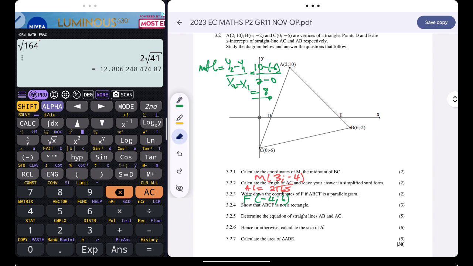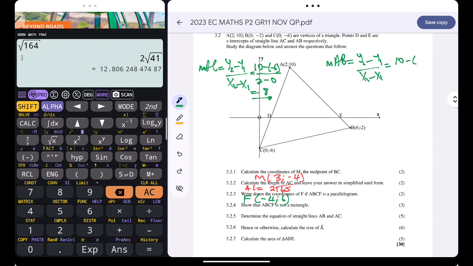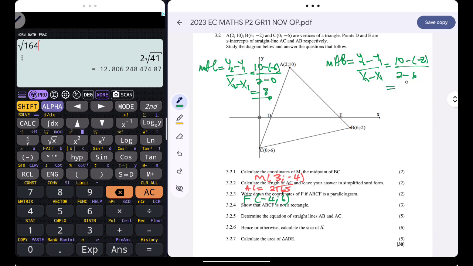And then for the gradient of AB, first, y2 minus y1 over x2 minus x1. The y value at A is 10, and the y value at B is negative 2. The x value at A is 2, the x value at B is 6. So this will give me 12 all over negative 4, which will give me negative 3.